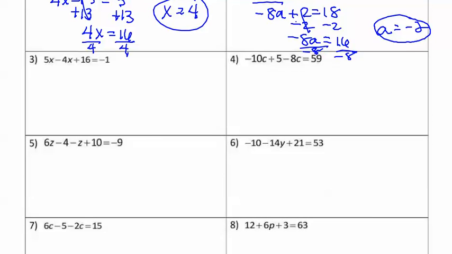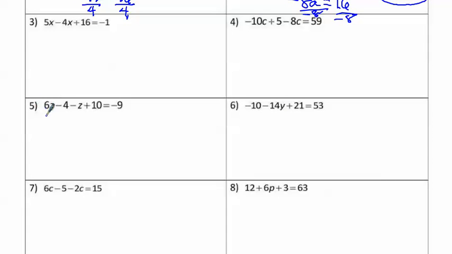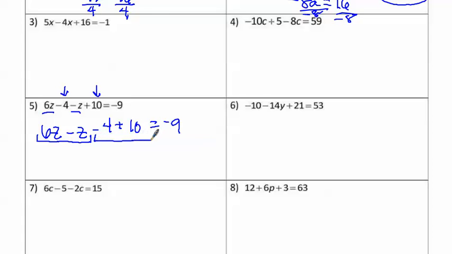Let's jump down to number 5. You have like terms of z's, so you rewrite it 6z minus z. You also have like terms that are constants, so minus 4 plus 10 equals negative 9. So when you combine like terms, you want to combine your z's, and then you want to combine your constants. 6z minus z is 5z.